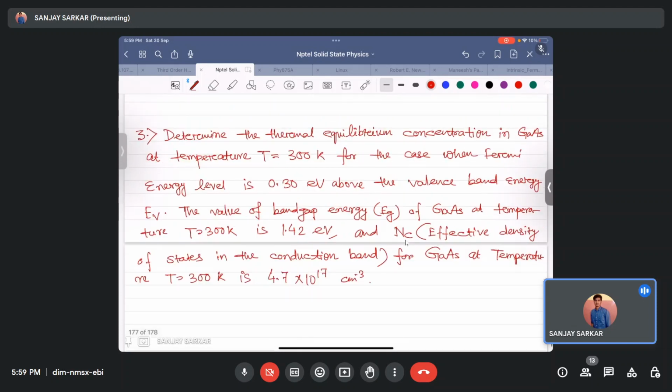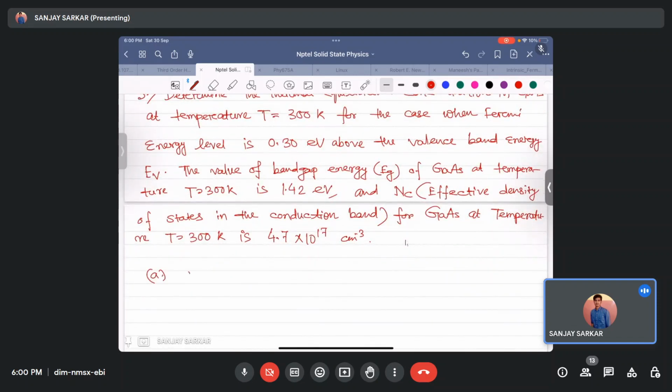So the question is, determine the thermal equilibrium concentration in gallium arsenide at temperature T equal to 300 Kelvin for the case when Fermi energy level is 0.30 electron volt above the valence band energy EV. The band gap energy is 1.42 electron volt, and NC is 4.7 into 10 to the power 17 centimeter cube. So you need to find the thermal equilibrium. So it is the same question as the above.